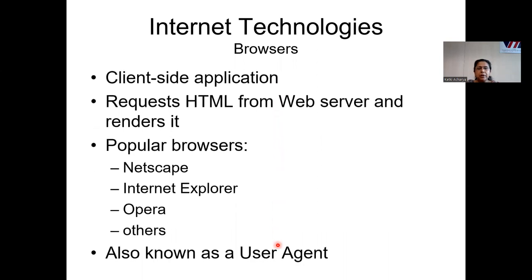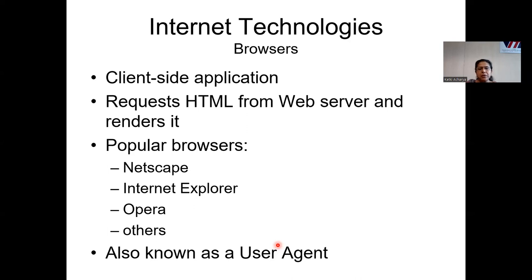Now, to begin with developing static web pages. Here we have the browser. We consider the browser as a client, and HTML is a client-side application because it is interpreted in the browser. So the browser, that client-side application, requests HTML pages from the server.